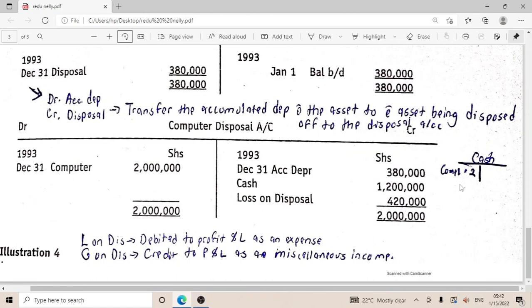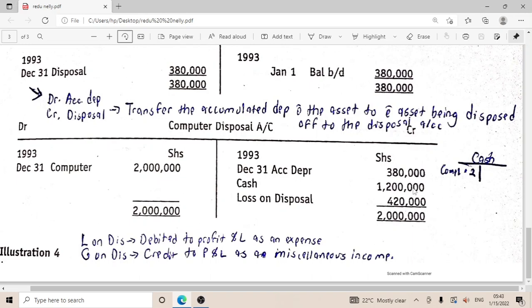So you know, from double entry, to record this figure, if they disposed of this asset, they must have gotten cash. So you'll be having a cash account somewhere. You come on the debit side of the cash account and you say cash is coming in, and you increase by 1.2, and then the corresponding credit side will come on the computer disposal, which is where this cash is coming from. So when you go on the credit side of the computer disposal, you say cash 1.2 million.